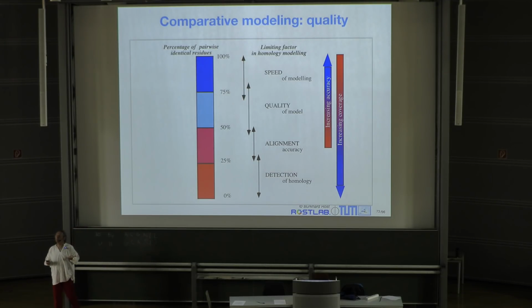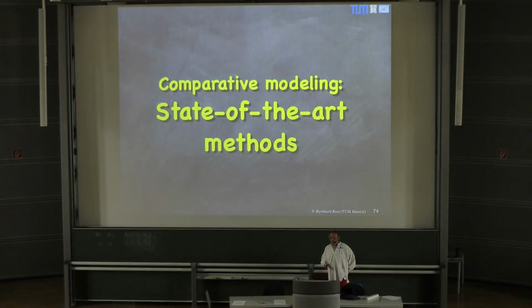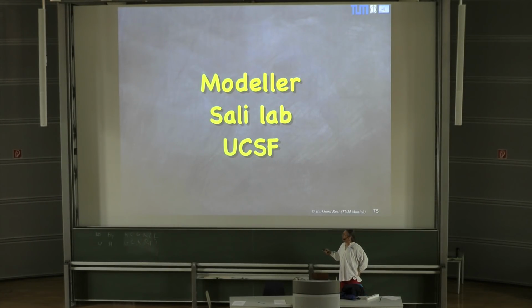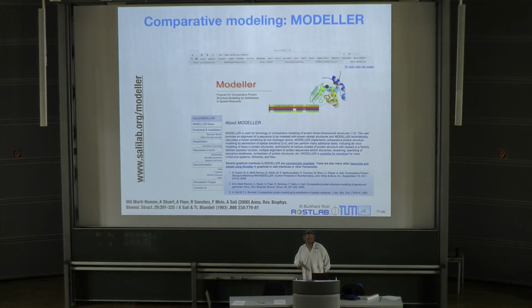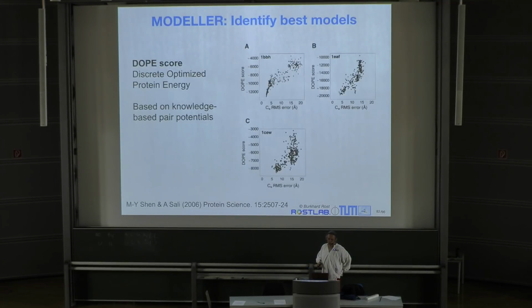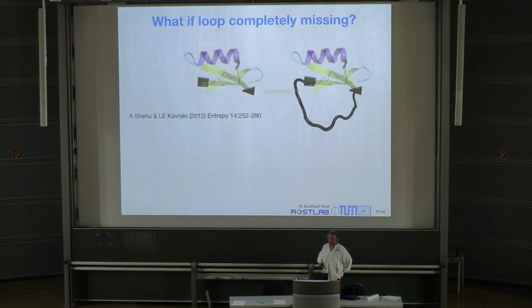Then you actually start modeling 3D again, and then we are at a level where it's not easy to do that. And the further down we go is really the problem of detecting the solution, meaning you do not find that these two things in fact are corresponding. State-of-the-art models, one is the SWISS-MODEL server, and ultimately I'm showing in detail here what I just talked about.